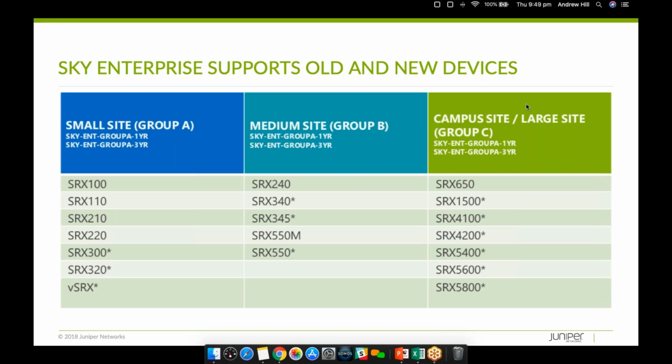But our licensing is actually on concurrent devices connected. So if you had 20 SRXs and you bought 10 subscriptions to Sky Enterprise, you could connect any 10 of those devices at any time and you could change them out. So it's not enforced, but it is monitored, and it's fairly flexible.